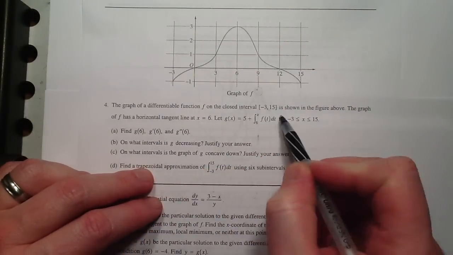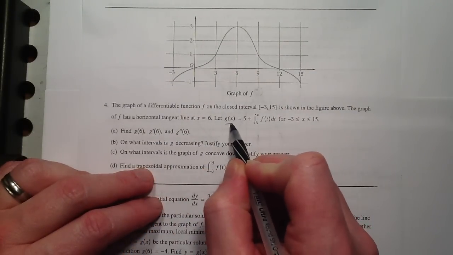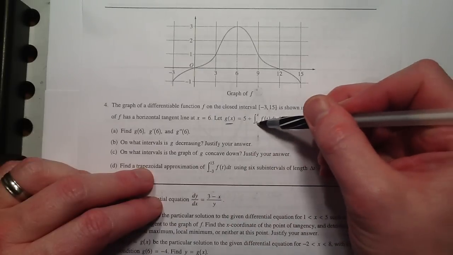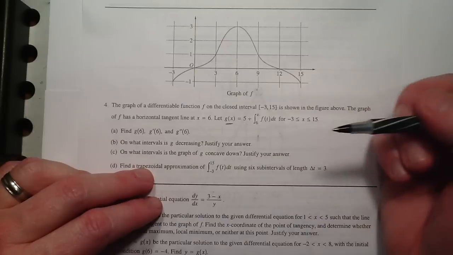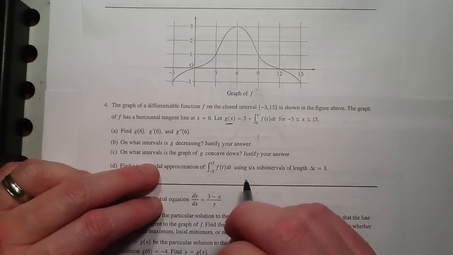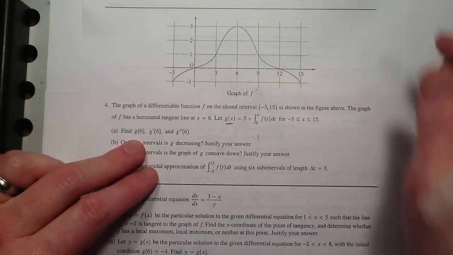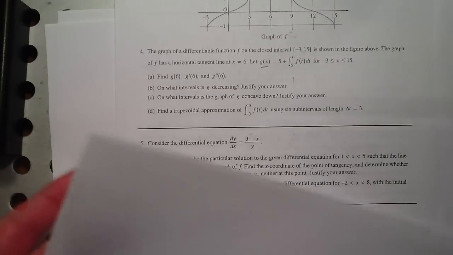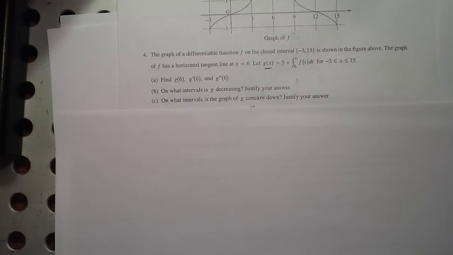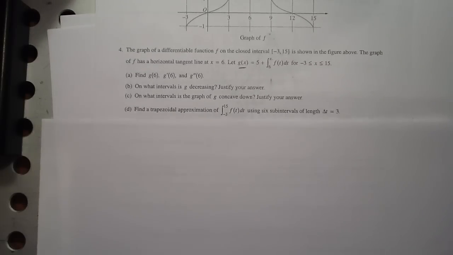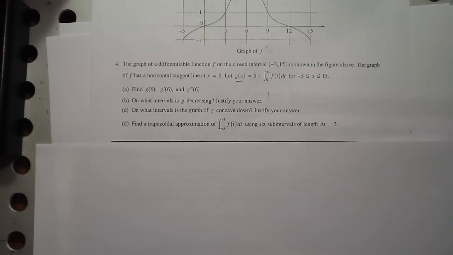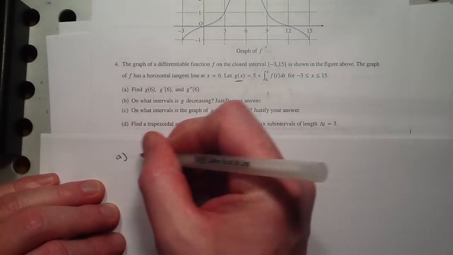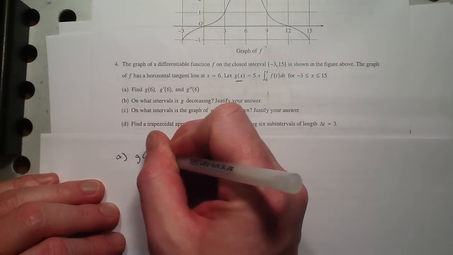And we've got another g function that's defined in terms of the area from 6 to wherever, plus 5. All right, so let's see if we can find these. Try to make this so you can see everything here. Okay, so part A, let's find g of 6.